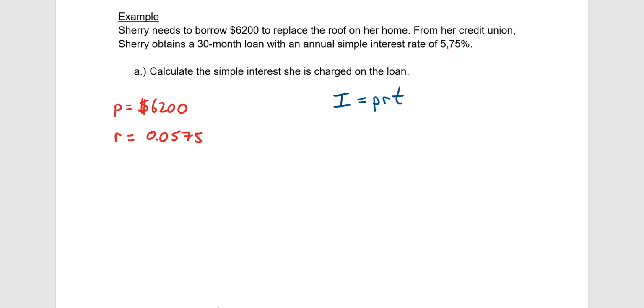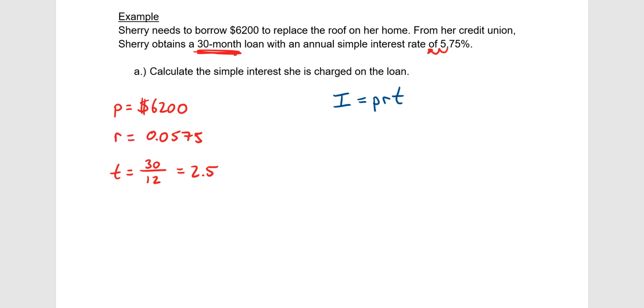So we had to take the decimal and move it 2 to the left from 5.75%. And lastly, T is the time, and it's given to us in months. So that means what we have to do is we have to do 30 divided by the total number of months in a year. So 30 divided by 12, and we end up getting 2.5.